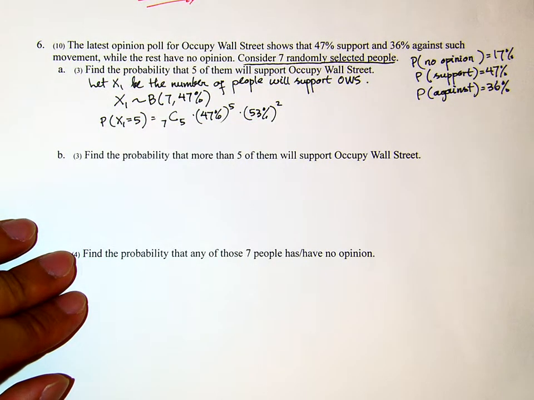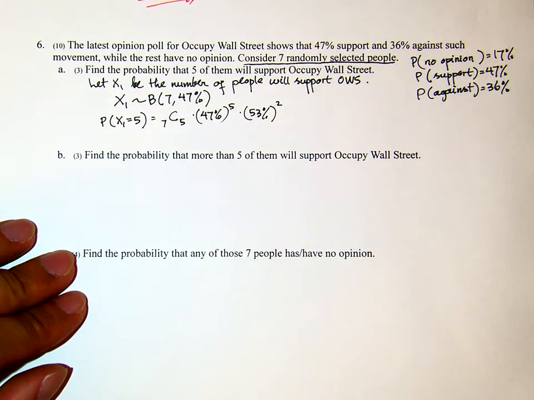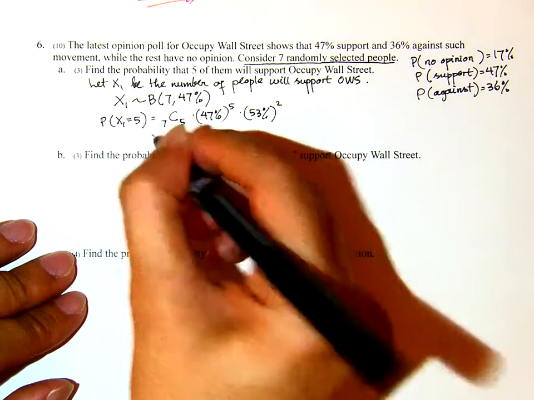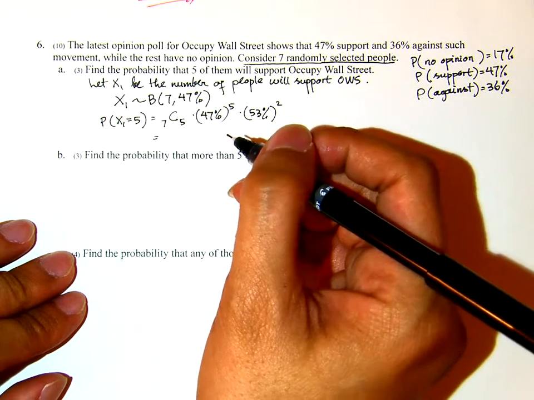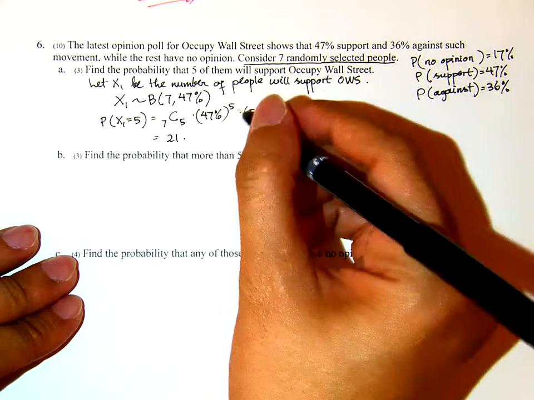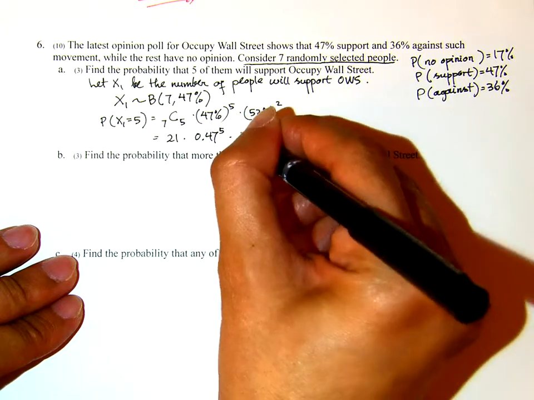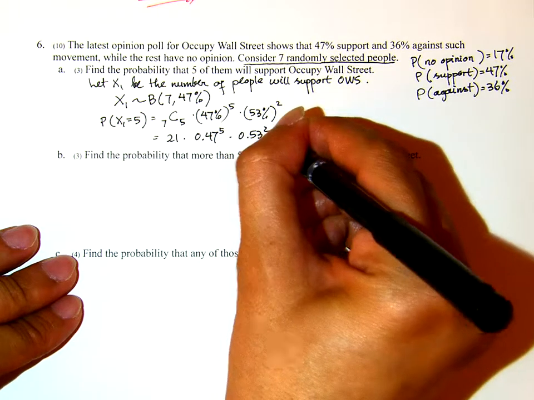If it is not supporting, which is 47%, then it must be either no opinion or against, which is 53%. If you look back, that's the sum of these 2 probabilities. Then I use the calculator. 7 choose 5 is 21, times 0.47 to the power of 5, times 0.53 to the power of 2.